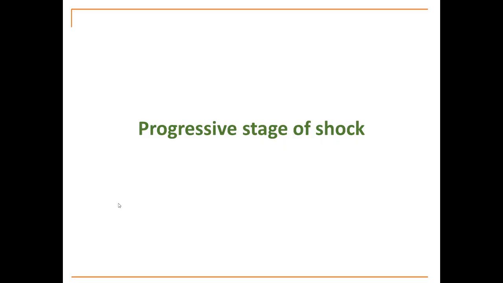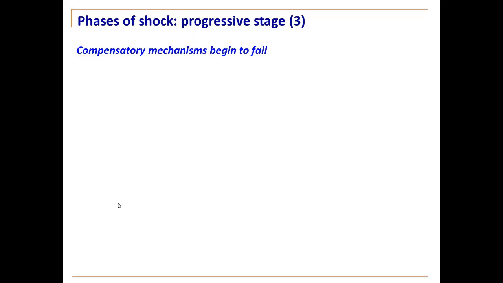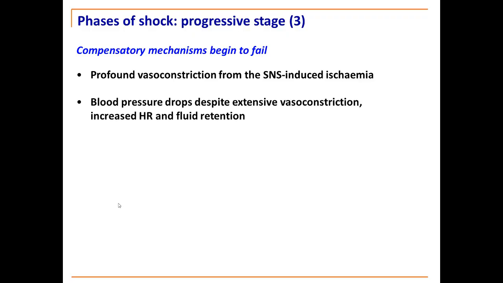And so as you move into the progressive stage of shock, the compensatory mechanisms begin to fail. And you're getting profound vasoconstriction from the sympathetic nervous system induced ischemia. Blood pressure drops despite this extensive vasoconstriction, the increased heart rate and the fluid retention.